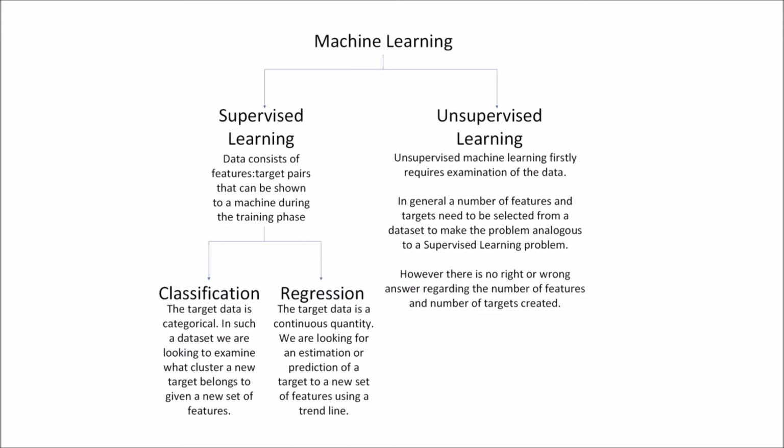And unsupervised machine learning is a bit more complicated. In this case, you essentially need to know your data a bit better, and then you need to make your own set of features from the data and then feed this through to a machine as essentially a supervised learning program that the machine can understand.